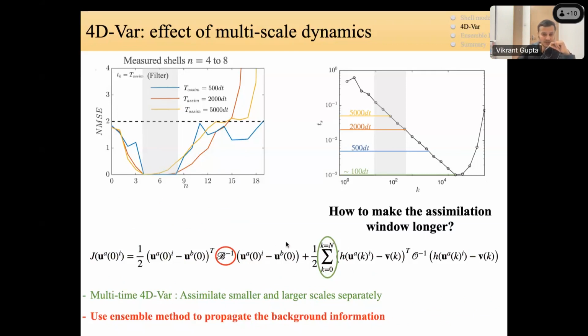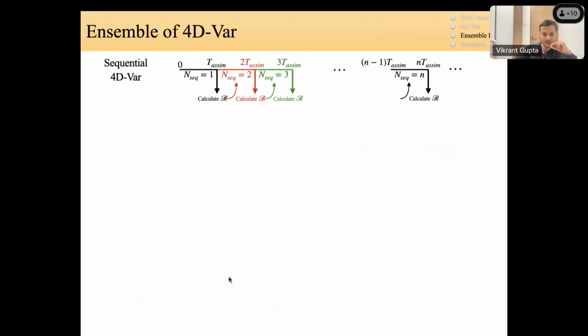But we go for the second option, where we are going to use an ensemble method so that we can get the background information using the ensemble spread, and then we can propagate that background information from one shell to other shells. So let me explain what that means: we are going to perform 4D VAR in sequence.